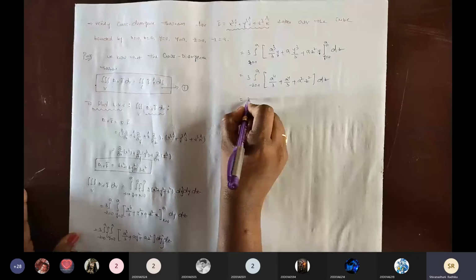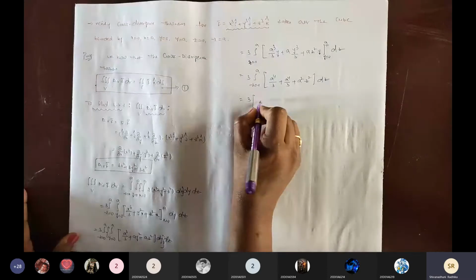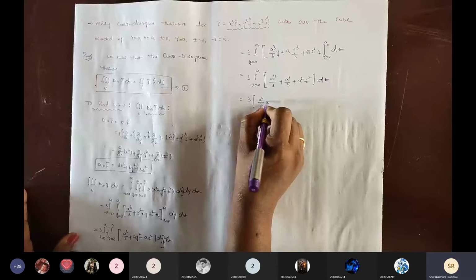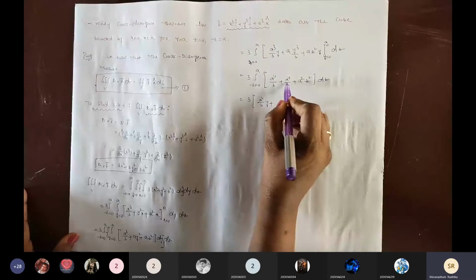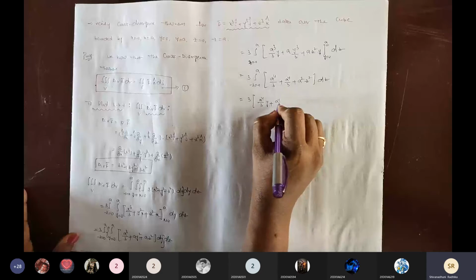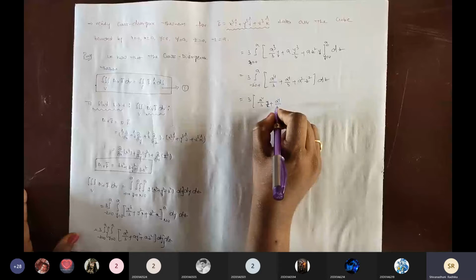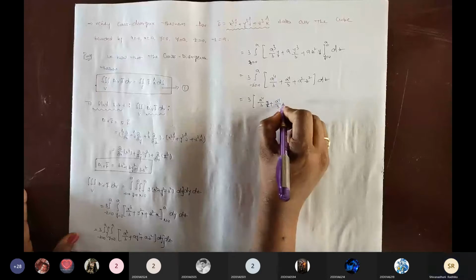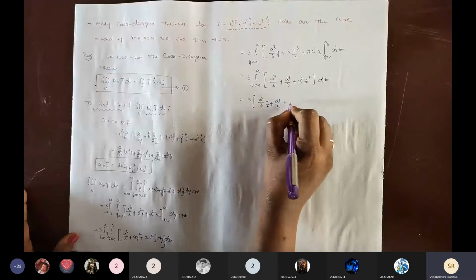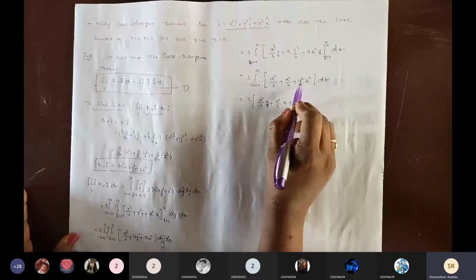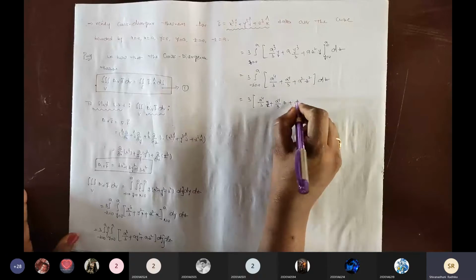Finally, integrate with respect to z. 3 into a power 4 by 3 is a constant taken outside, into y, plus again a power 4 by 3 is a constant, and integrating dz is z. A power 4 by 3 and integration of dz is z, plus integration of a square z square. A square is a constant.